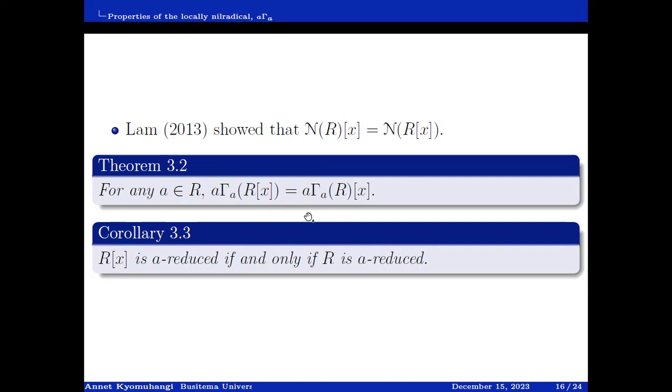Why? Because if you have a ring A reduced, then this A gamma AR will be equal to 0, meaning that you have A gamma A of the polynomial ring equal to 0, making the polynomial ring A reduced. And vice versa, in case you have A gamma A of the polynomial ring equal to 0, then that tells you that A gamma AR is 0, meaning that your ring R is A reduced.